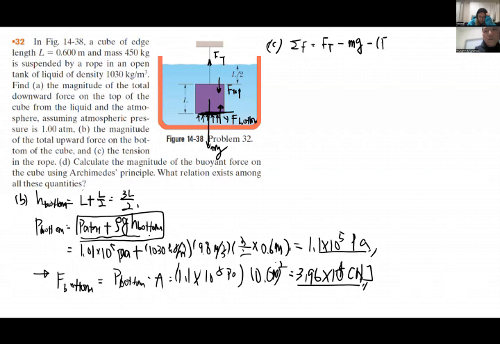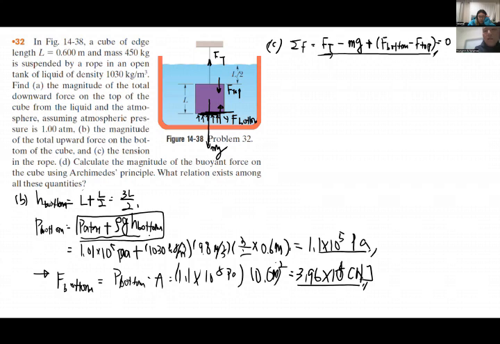So that's F bottom minus F top should be equal to 0. I'm sorry, that should be a plus sign. So the net force is like this, right? So that is the net force existing in the system.